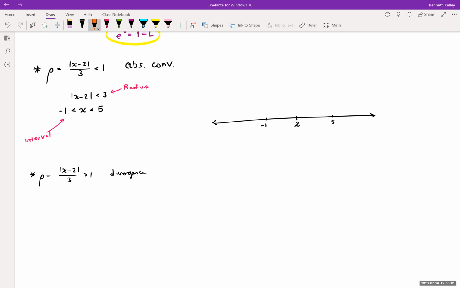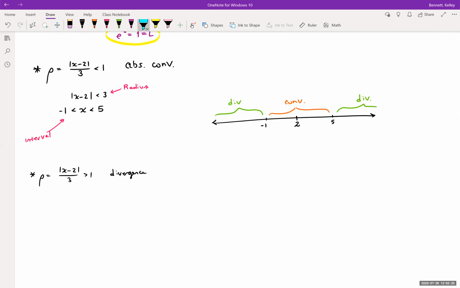From here to here, I'm going to converge, and I'm going to diverge over here. But what I haven't determined yet is whether I converge or diverge at these endpoints.